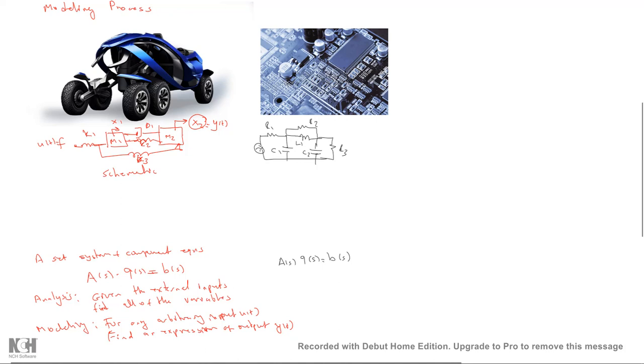We'll look at the input-output relation and try to model it, and this gives us a set of linear equations in S domain given by A matrix times Q vector. The Q vector is composed of all the voltages and the currents in the system, equals external sources such as voltage or current source applied to the system.